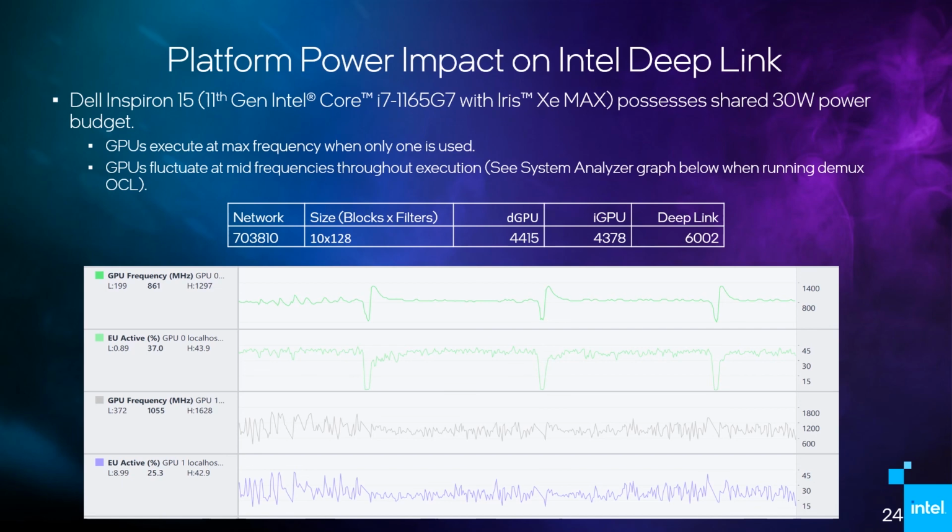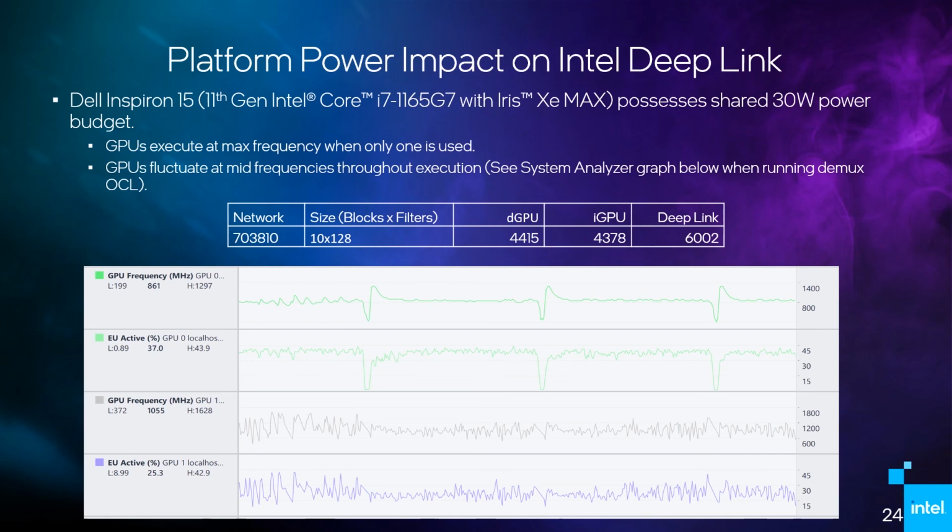While we were running the workload, if you individually ran or took advantage of the GPUs, each executed at max frequency when only one was used. But if you use Intel Deep Link together, we noticed that the frequencies of the two GPUs fluctuated throughout the run.